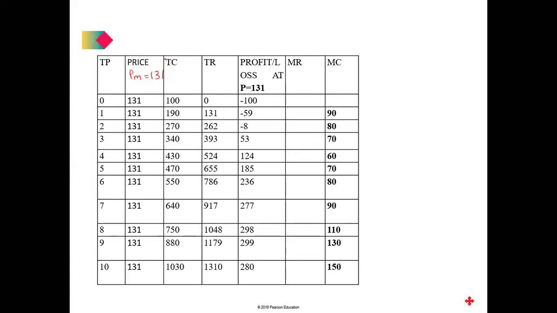We have already covered the total cost column, total revenue column, and profit and loss column in the previous video. Now we are going to add two new columns for our marginal analysis: one column for marginal revenue, and the other for marginal cost.